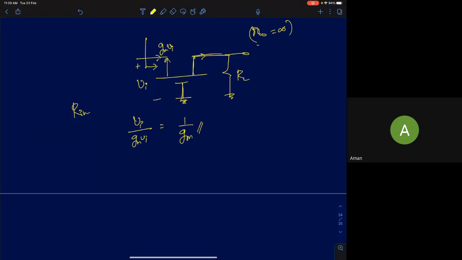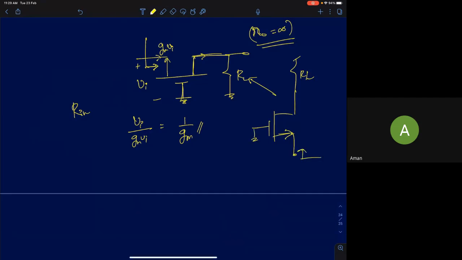So if you assume R0 is very large, whatever the load resistance you connect here, the input resistance will be independent of it. It will always be 1 by gm. See, by now when you are looking into the source, you should automatically think there is going to be a resistance close to 1 by gm.